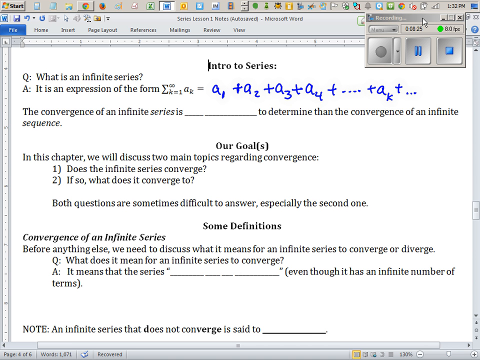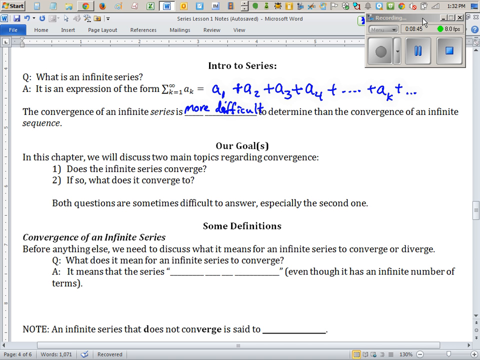Okay, what does convergence then mean here? Well, first of all, it is more difficult to determine. You need to know that.